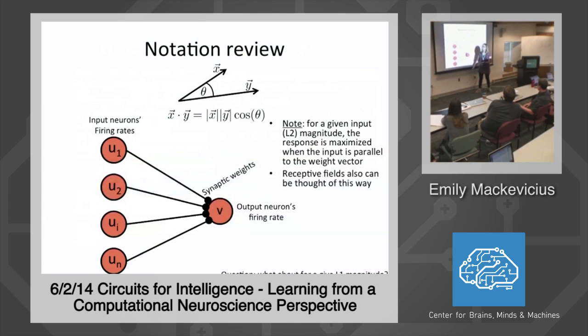It would just be the maximum, the direction that's close to parallel to your weight vector. So the direction parallel to your weight vector is right if you have an L2 magnitude, which is the square root of the sum of the squares.